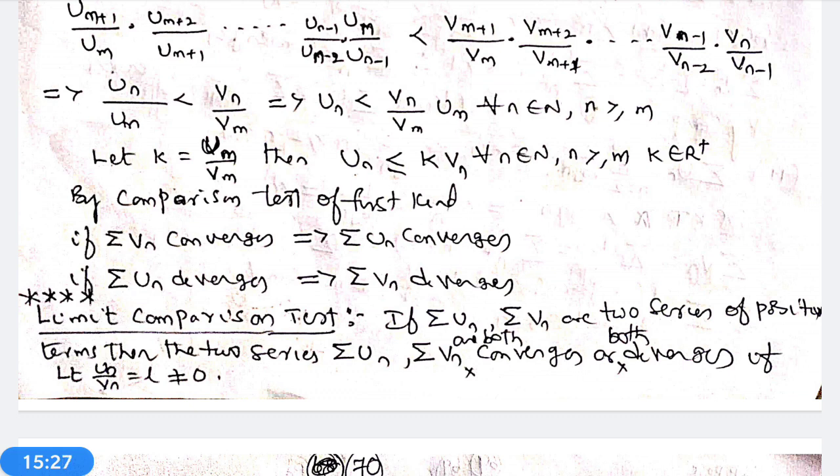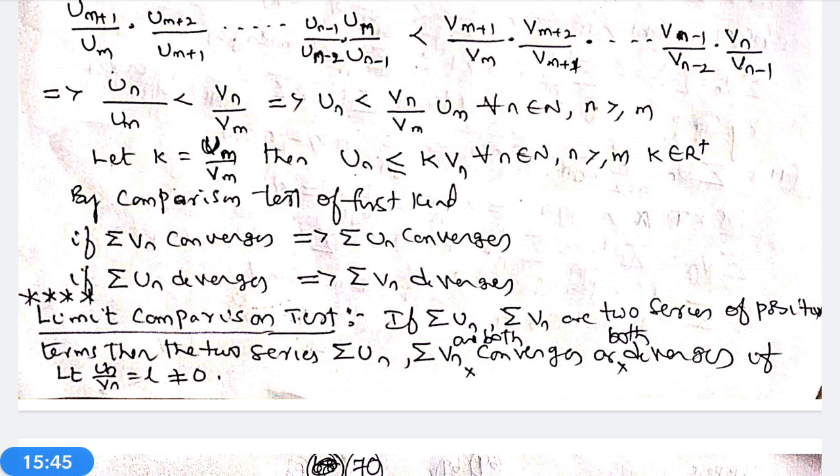The limit of the quotient of the nth terms of the two series is not equal to 0. Then the two series both converge or both diverge.